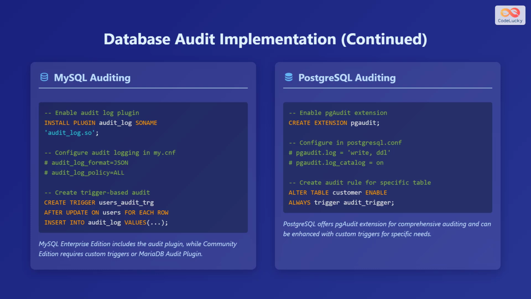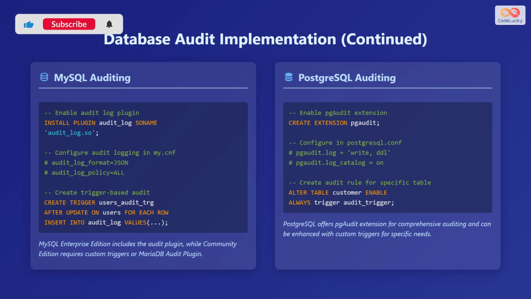For example, set audit_log_format equals JSON and audit_log_policy equals all. Finally, to create trigger-based audits, use the command create trigger users_audit_trg after update on users for each row insert into audit_log values, and then specify the details you want to capture.